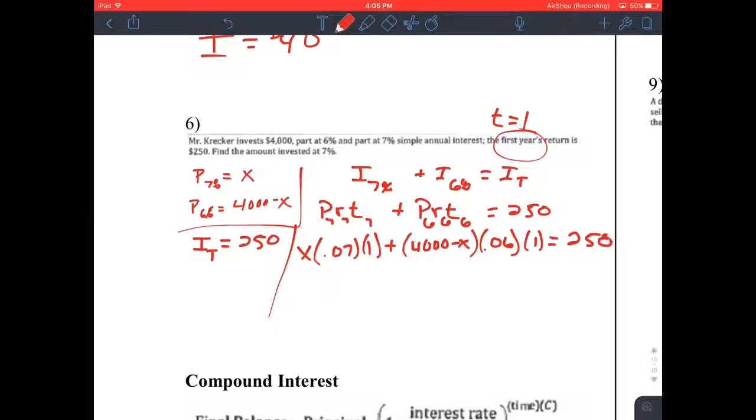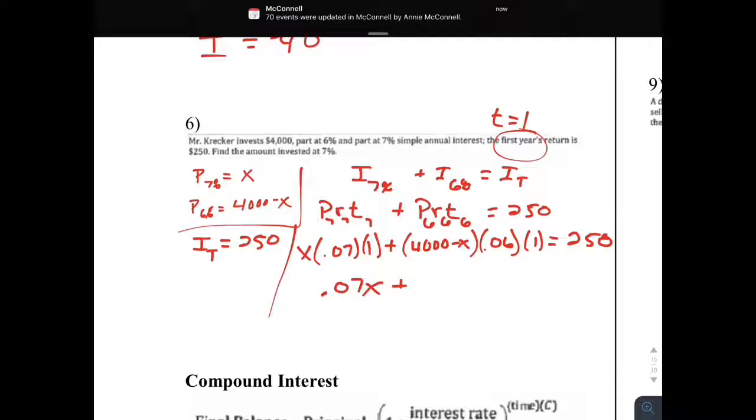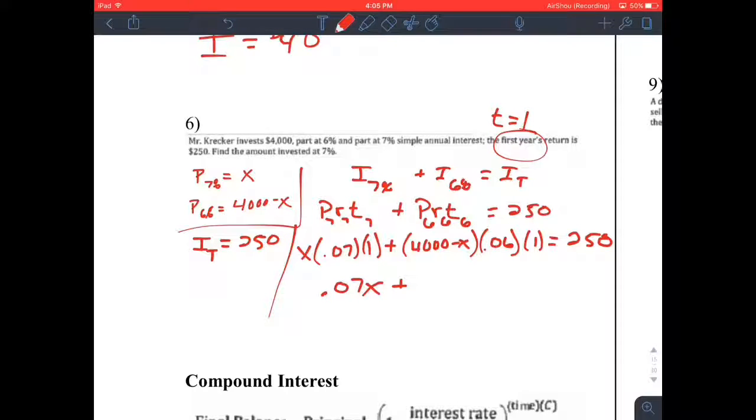So now it's just algebra. This first term simplifies to 7/100 X. This next term, if you distribute the 0.06 and the 1, you're going to get 240 minus 0.06x.